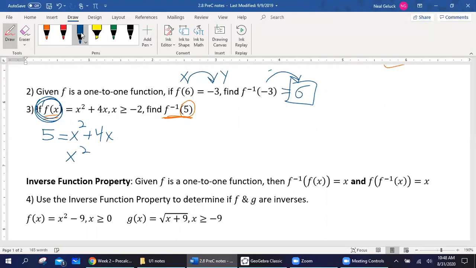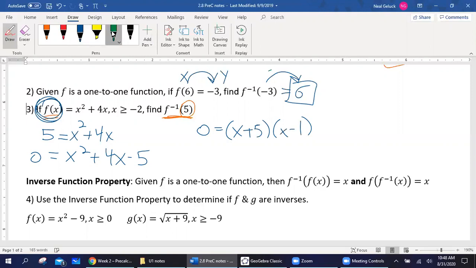Looks like a quadratic to solve. I'm going to subtract over 5. This does factor. It'll factor into x plus 5, x minus 1. Now that's going to give me two x values, -5 and 1.